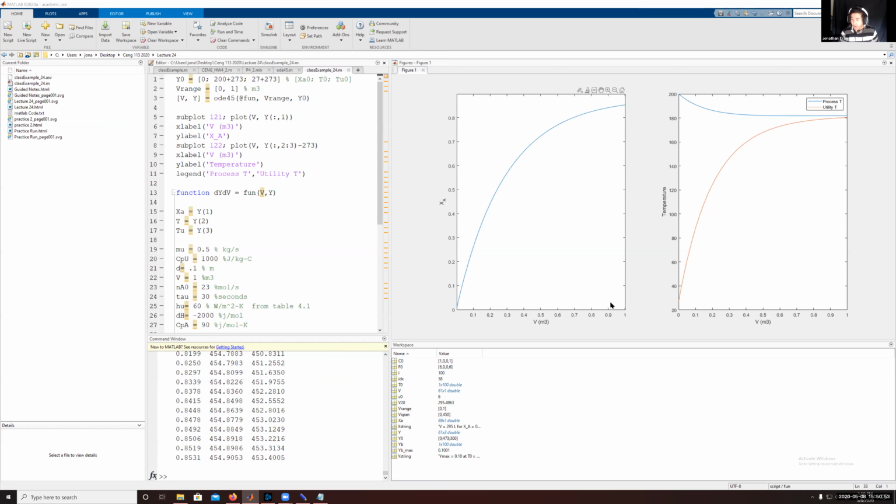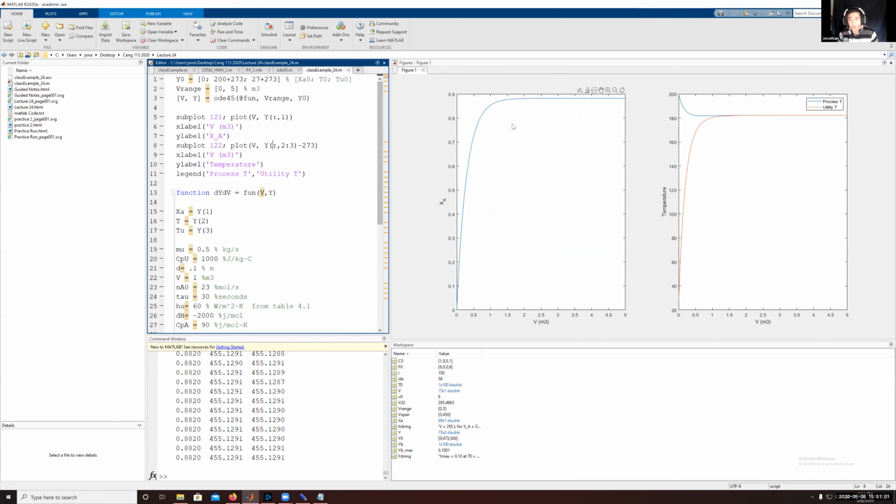What kind of temperature outputs are we going to get? I just as easily could have plotted this down to, say, 5 meters, and I would also have to change the V in here to be 5 meters as well. But if I plotted that, then this is what would happen if we got our system to be 5 meters in length, rather than just a meter long.